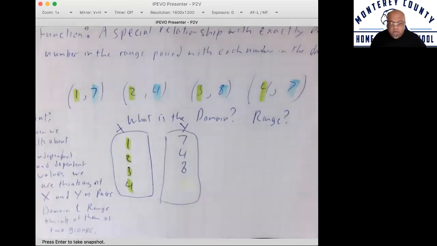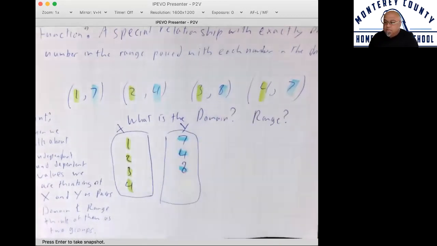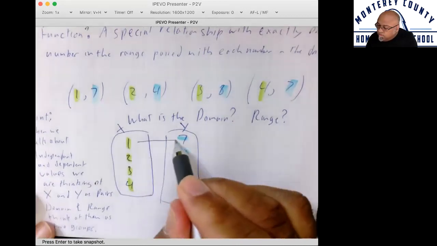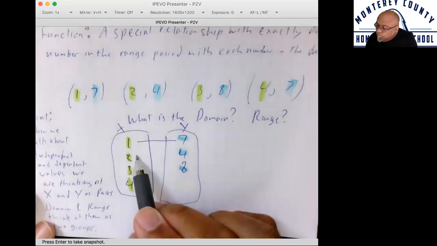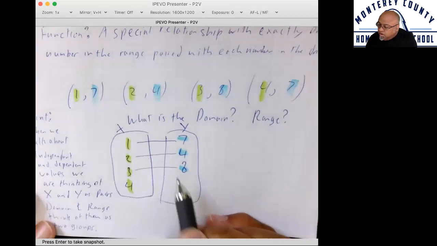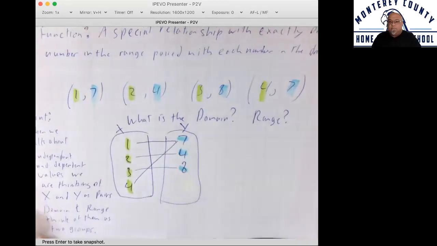Okay. Now, in this case, when I have a domain and when I have a range, then I can show how they connect. Let's see. 1 connects to 7. 2 connects to 4. 3 connects to 8. And 4 also connects to 7.